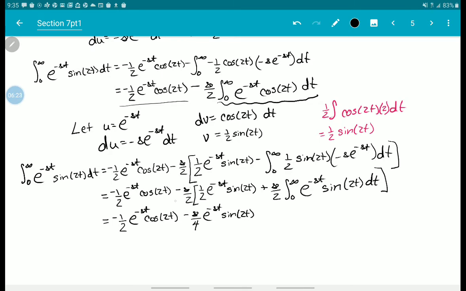And then if I distribute this to this, that will give us a minus s squared over 4 times that integral. Now, notice we have that integral of e to the negative st sine of 2t dt on the left. We also have it on the right. Let's put them together.